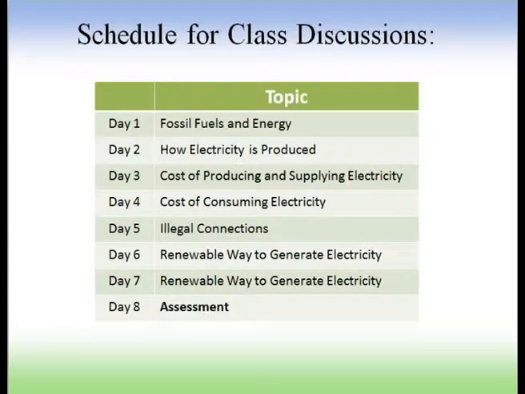Day 6 will deal with an overview as well as solar power, and on day 7 we will continue with renewable ways to generate electricity, where we will be dealing with wind and water. And on day 8, as we said earlier, we will have an assessment of how effective this teaching method was.